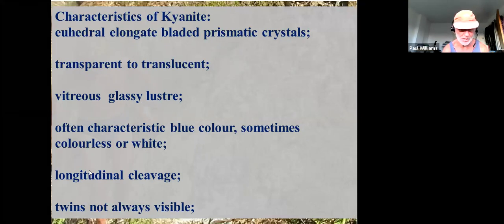And it has this longitudinal cleavage. It is twinned, but the twins are not always visible, not always apparent, but it does have twins. So that's kyanite. That's another one of these high pressure metamorphic minerals. And as I say, this is one of the aluminosilicate minerals.